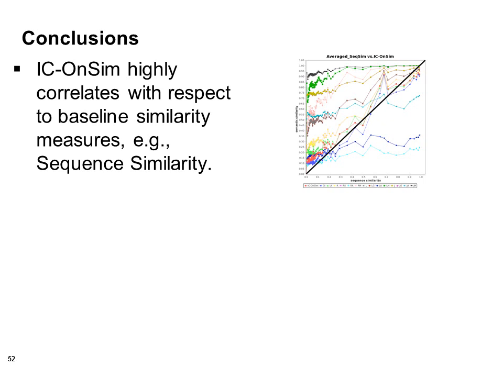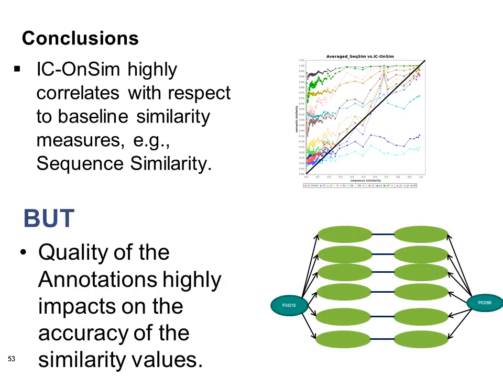Our experimental results also suggest that our approach highly correlates with the baseline similarity measures. But the performance of IC-OnSim, like other annotation-based similarity measures, depends on the quality of the annotations. So it's very important that experts curate these annotations in order to obtain precise values of these measures.